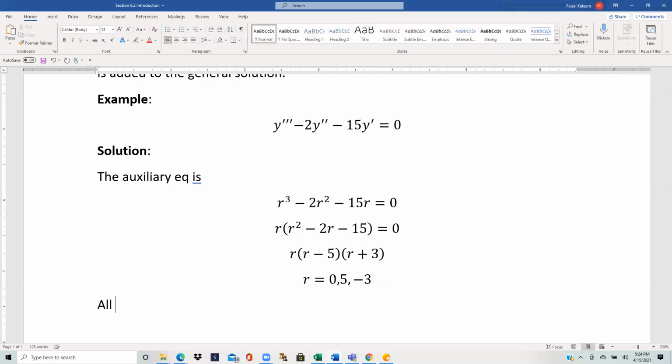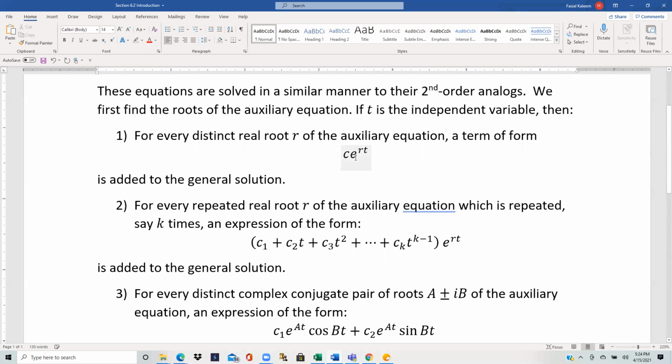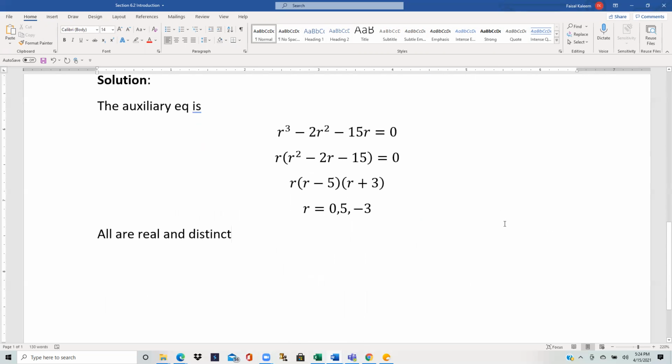All roots are real and distinct. So for each of them, we will add a term of the form C e^(rt), where C is a constant.